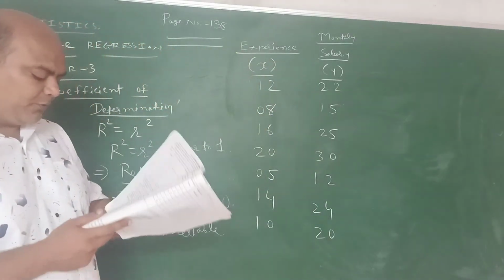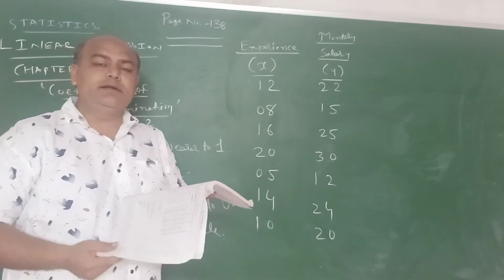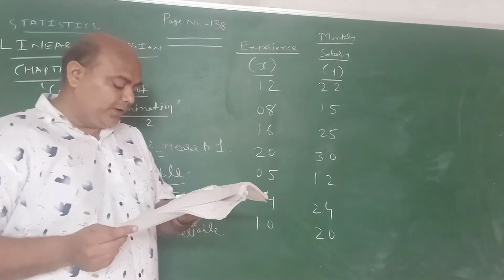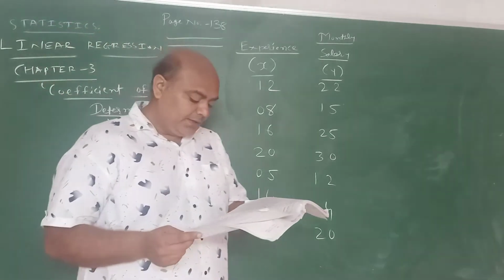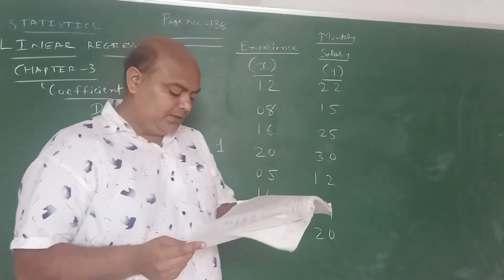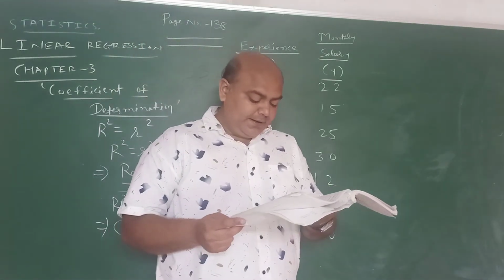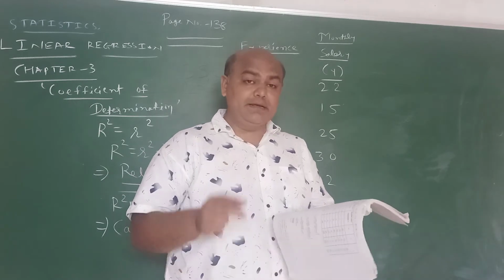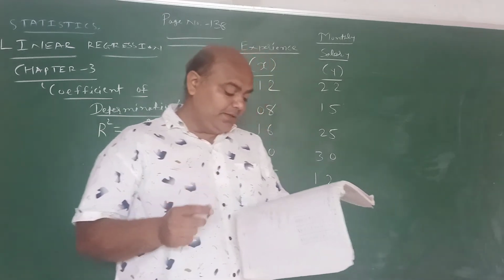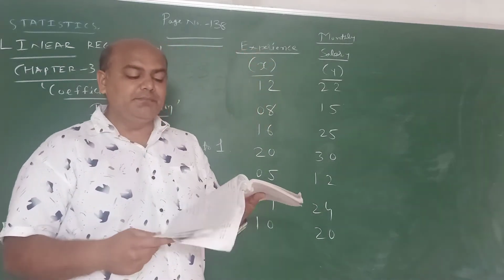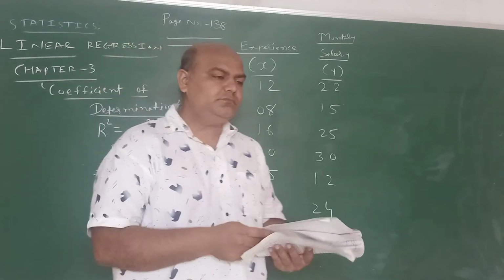These two columns are provided. The question is: calculate the coefficient of determination and check the validity of the linearity assumption of regression between the years of experience and the monthly salary.